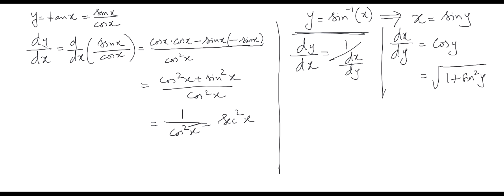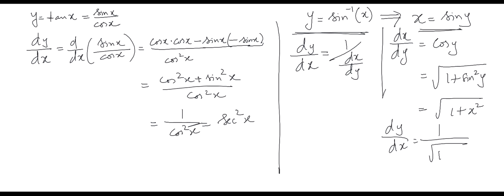So now this will be the square root of 1 minus x squared, because x is nothing but sine y. So now dy by dx is 1 over the square root of 1 minus x squared.